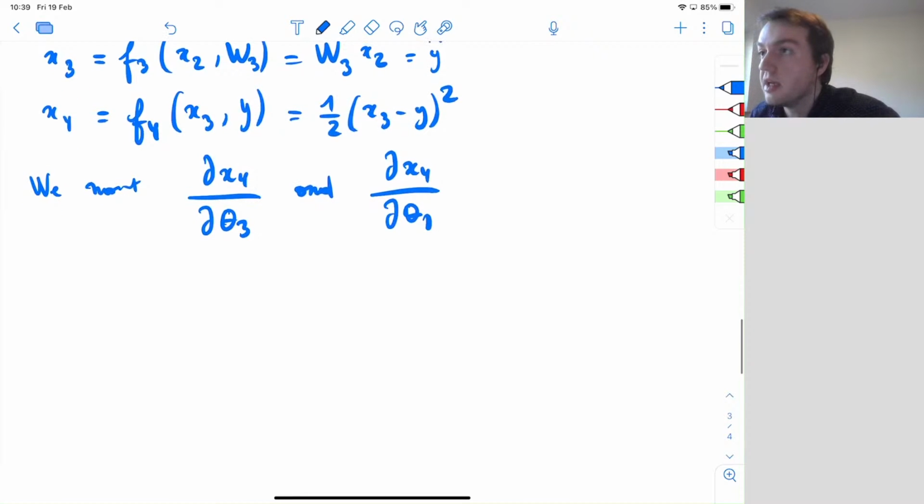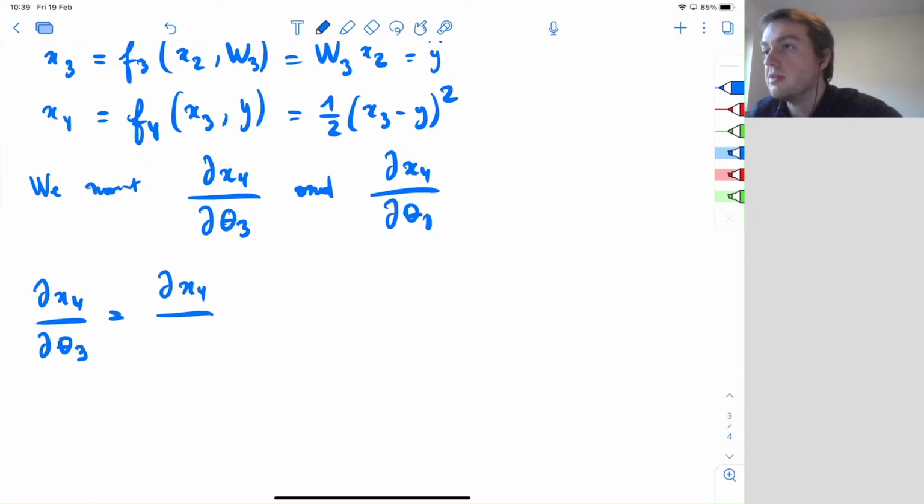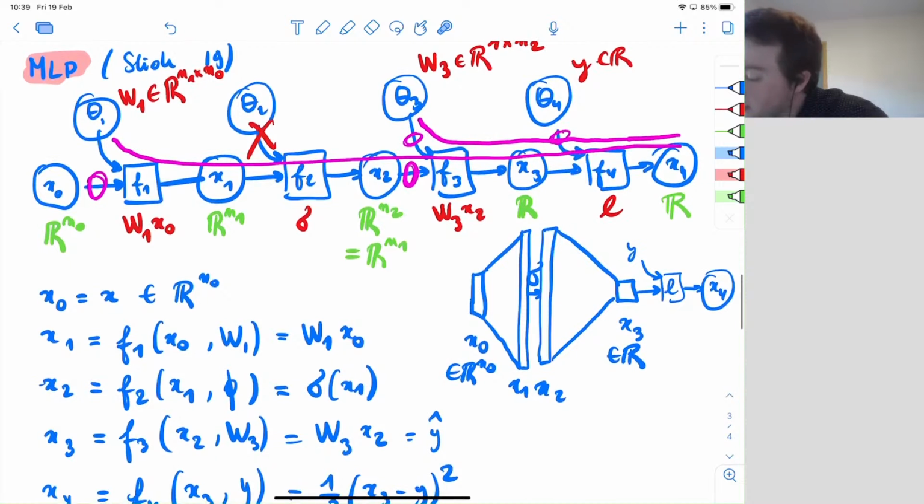Well, let's start with the first one. By the chain rule, this corresponds to the Jacobian of x4 with respect to its immediate input, the input associated to f4, which is x3. And this quantity here for θ4, we just assume constant, so just freeze it.